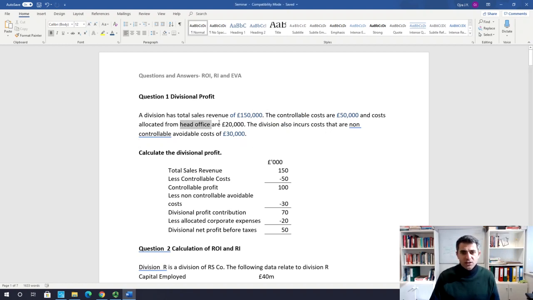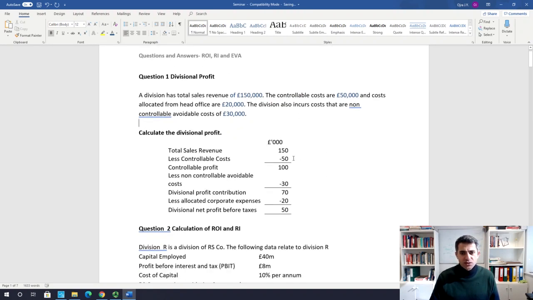And the common fixed cost, which is from the head office, is 20,000 pound. Okay, fair enough. Here we go. Just apply the formula and that's it. So as you see, sales revenue 150 minus 50, which is the controllable one, equals 100, the controllable profit, and minus the non-controllable cost, which is 30.